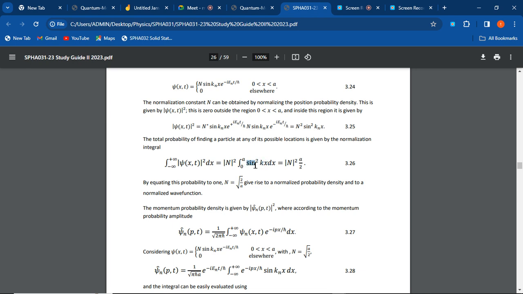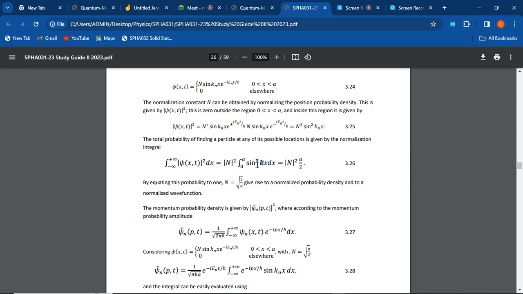So this sine squared kx is going to give you x over 2. It's more like x over 2.